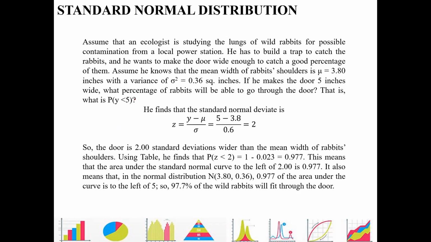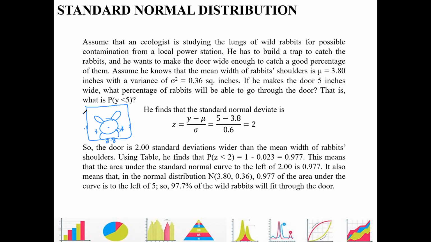So, ang tinatanong niya, yung width ng rabbit, kung halimbawa ito yung ating gate, yung rabbit dito is, mag-draw. Yan. Yung shoulder daw na rabbit is 3.8 ang mean.